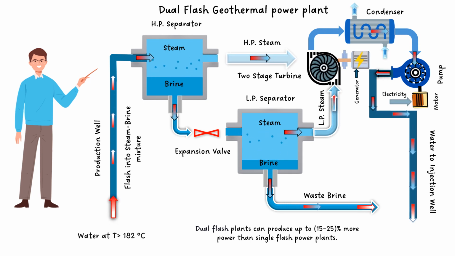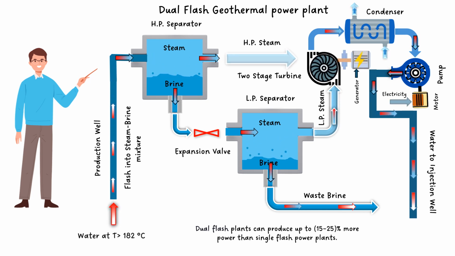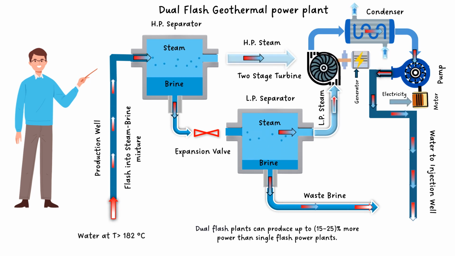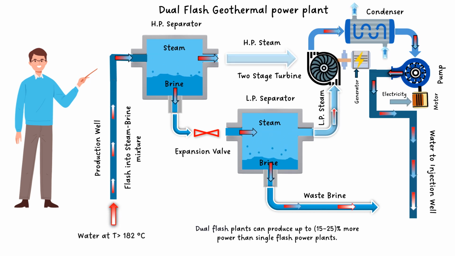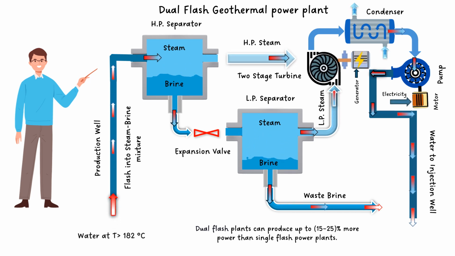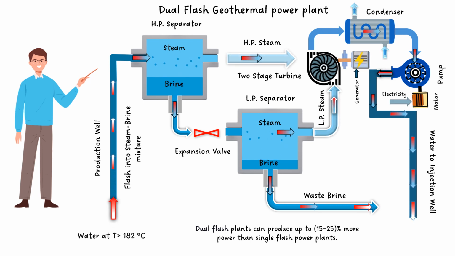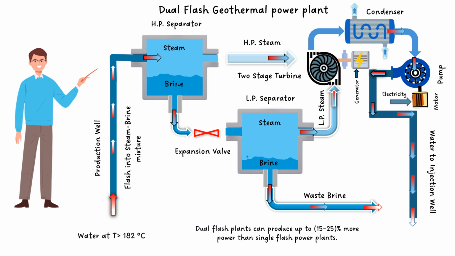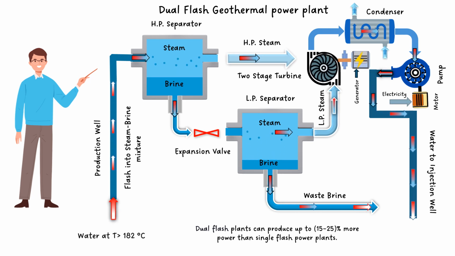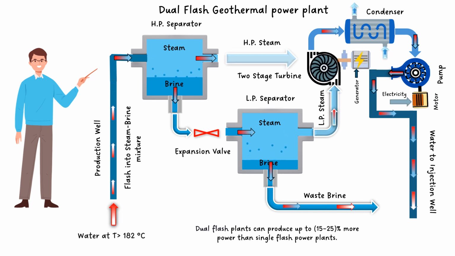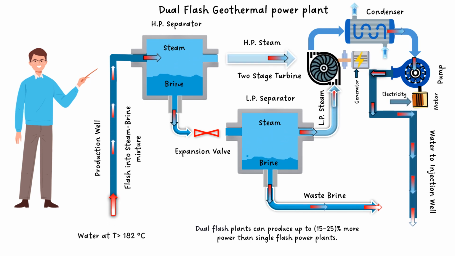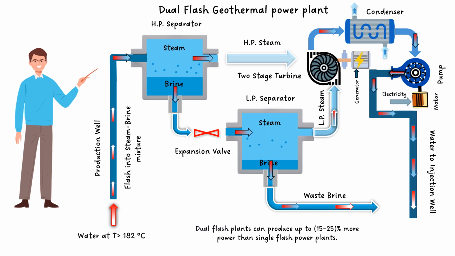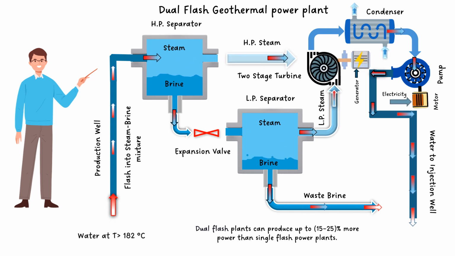The steam from the high pressure stage and the low pressure stage passes through a condenser, is condensed, and then pumped again to the injection well. The condenser, of course, needs cooling water, which is supplied from a cooling tower, river, or lake. So in this way we have two flash tanks, and we can extract energy.